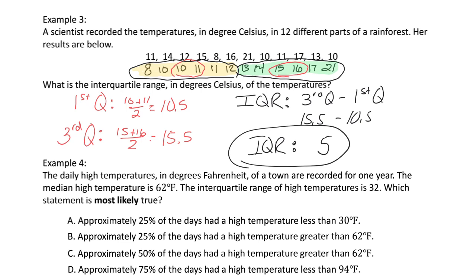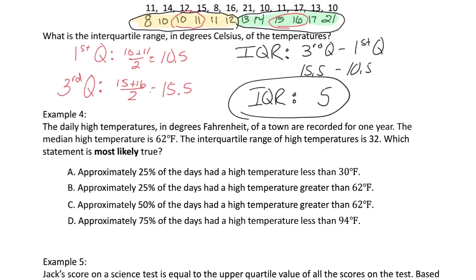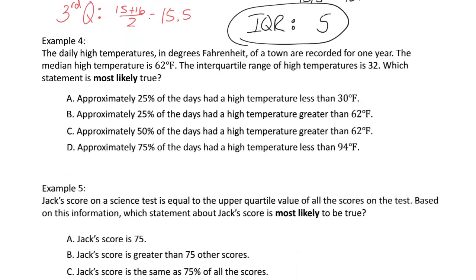Okay, so now let's look at example 4. Example 4: the daily high temperatures in degrees Fahrenheit of a town are recorded for 1 year. The median, remember median means middle, so this is talking about the middle number, is 62 degrees. The interquartile range of high temperatures is 32. Which statement is most likely true?